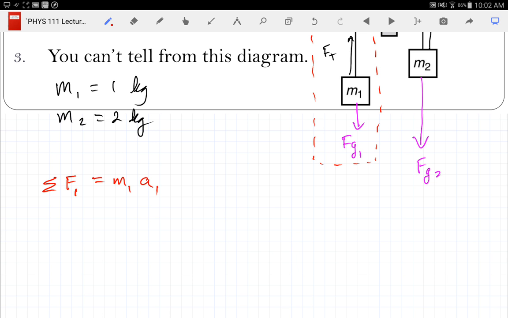Looking at my picture, once again considering up positive, what do I get for the sum of the forces on that object? I've done this enough times that I actually want you guys to tell me the answers. I don't want to jump in myself.